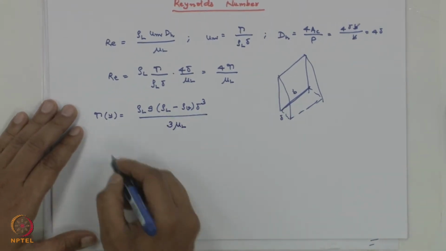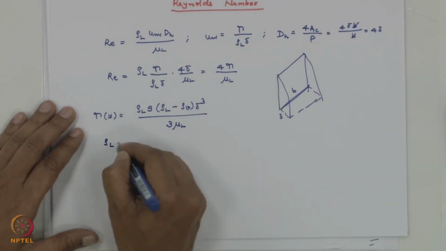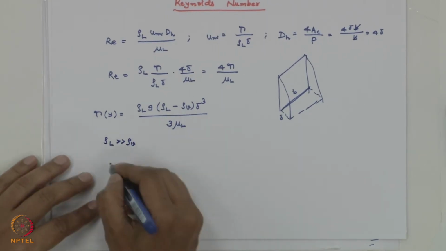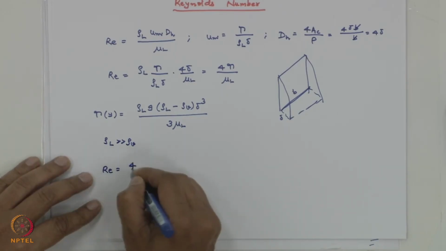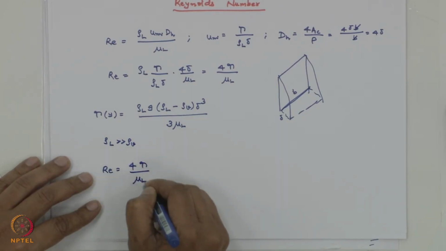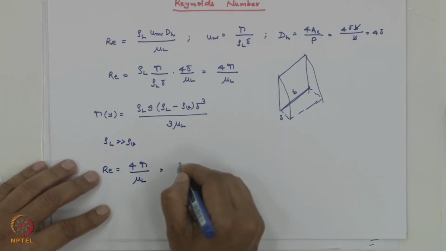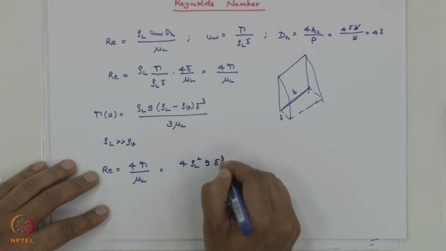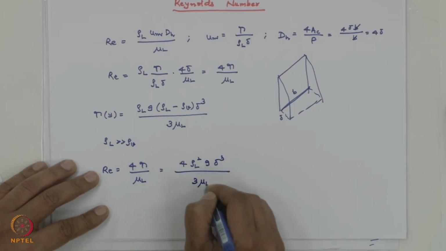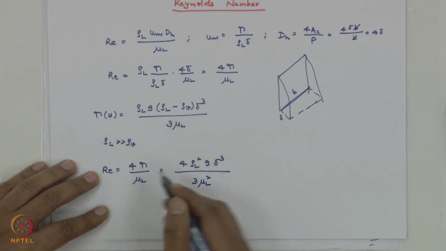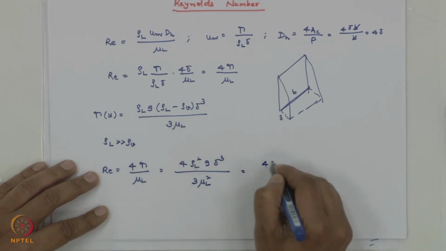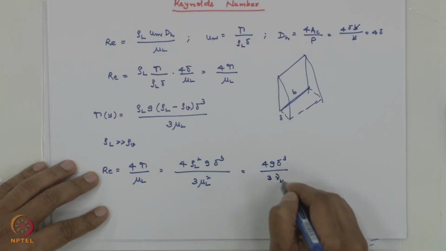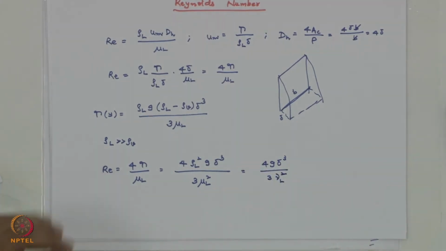If I make an assumption that rho L is very much greater than rho V, I can write Re equal to 4 gamma by mu L. If I substitute that, I get 4 rho L squared g delta cube divided by 3 mu L squared, because one mu L here and another mu L here. So you get 4 g delta cube divided by 3 nu L squared. So this is my Reynolds number.